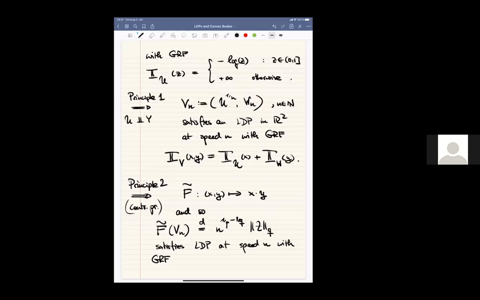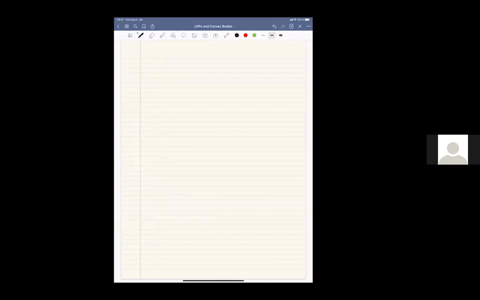Let's say j of z is the infimum over all x, y non-negative, z equal x times y, of the rate function we got for V, x, y, which was the sum of the rate functions. This we get if z is non-negative, and we get plus infinity otherwise.